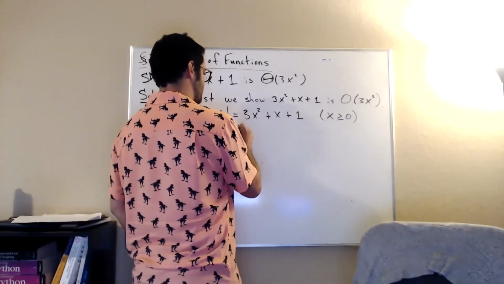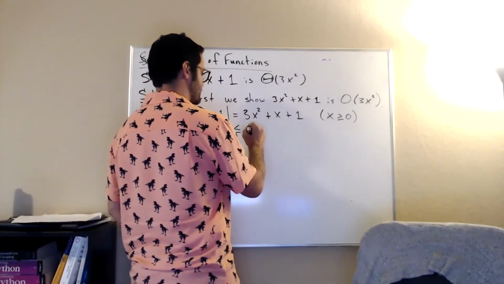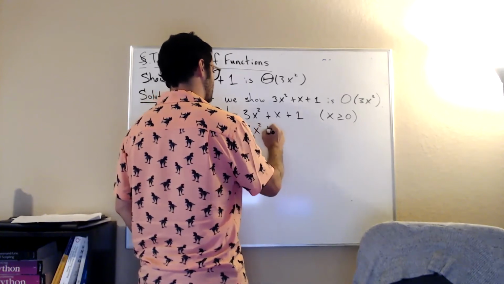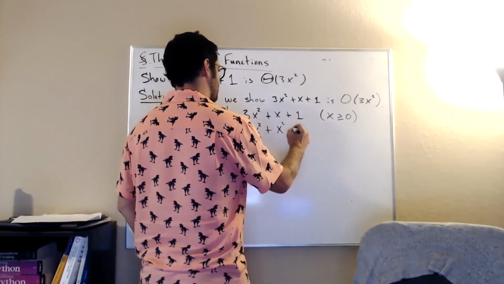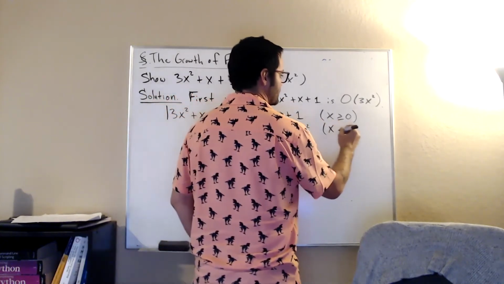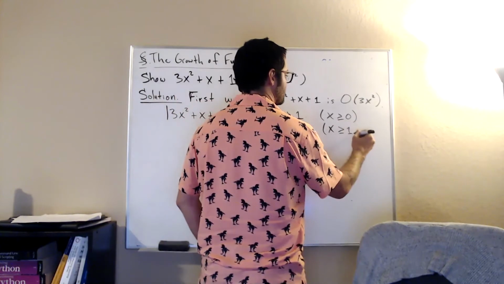So this will be less than or equal to 3x squared plus x squared plus x squared for x greater than or equal to 1.